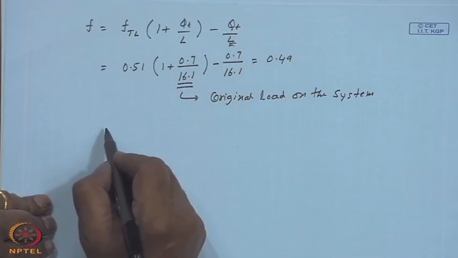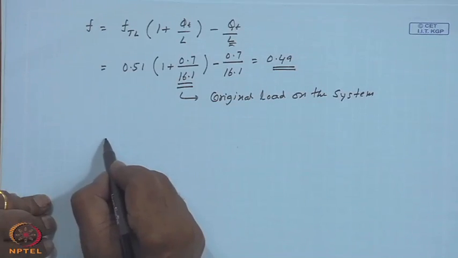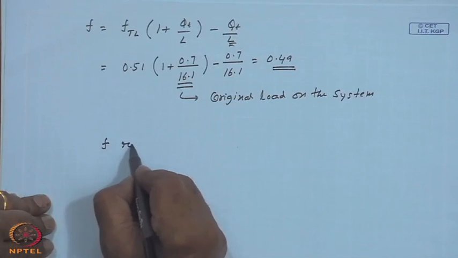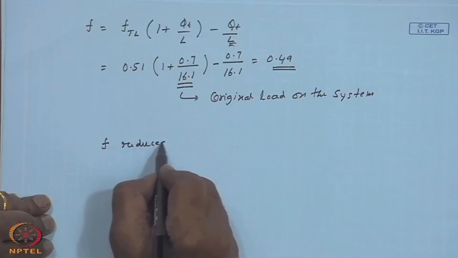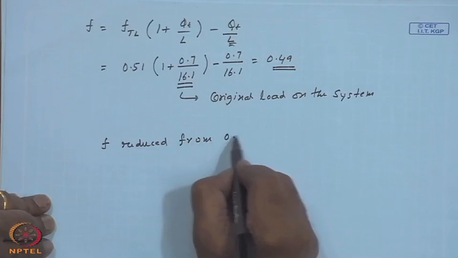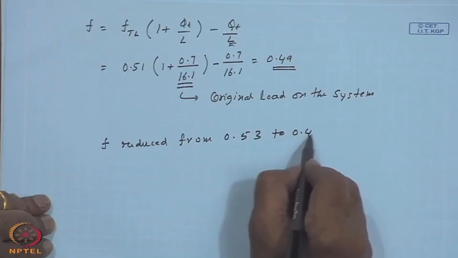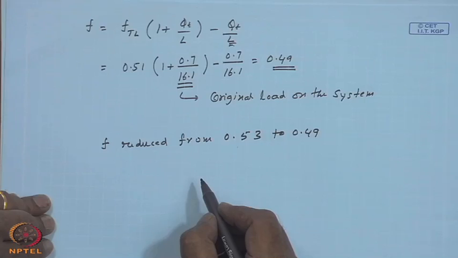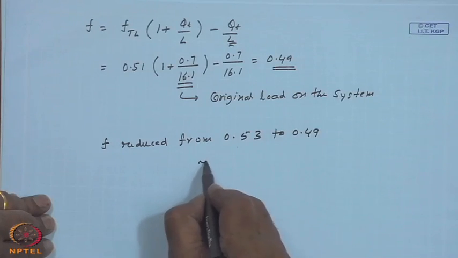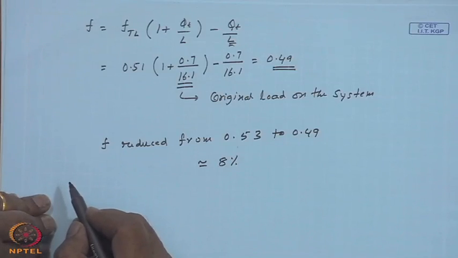So, F again is 0.49, which essentially means F reduced from 0.53 to 0.49, about 0.04 in 0.5, that is approximately 8% reduction.